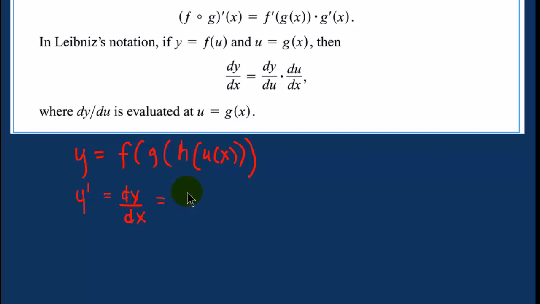So it's the derivative of f with respect to g times the derivative of g, and g is acting on h. So the derivative of g with respect to its variable h, and the derivative of h with respect to u, and finally the derivative of u with respect to x. You see how it sort of cancels out, and we're left with the derivative of f, which is our y, with respect to x.